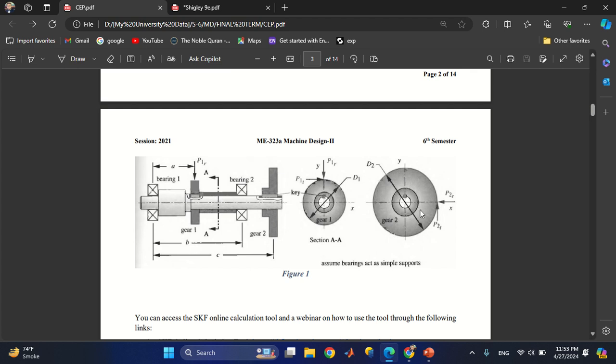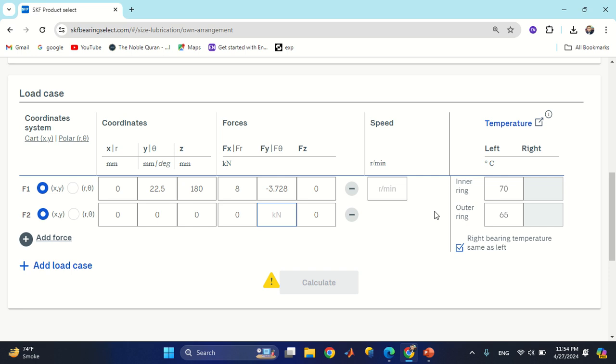It is in the negative x direction, and P2T is in the positive y direction. So whatever force you have calculated, just put the force in the y in the positive direction. In case of the right bearing, whatever the bearing you have in your assignment.